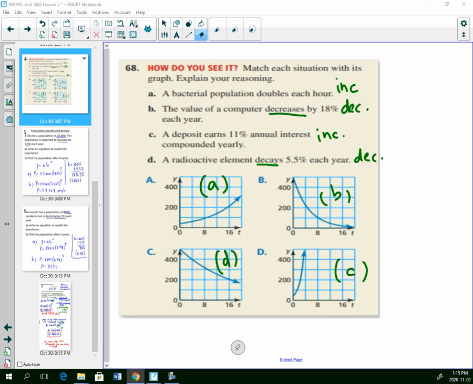Let's see, plus 8x. Okay. So I'm just going to switch screens for a minute.